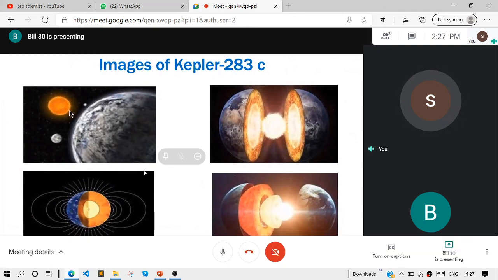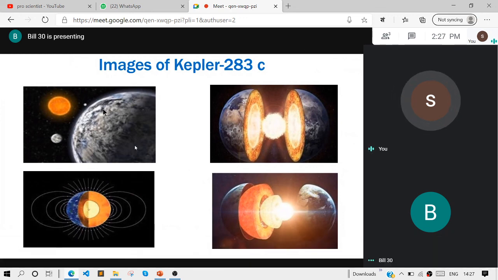As you can see, the first one, where my pointer and Bill's pointer are also placed, is the image of Kepler 283c, along with its star.